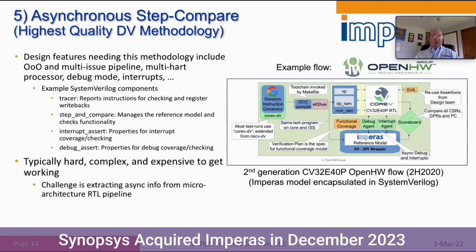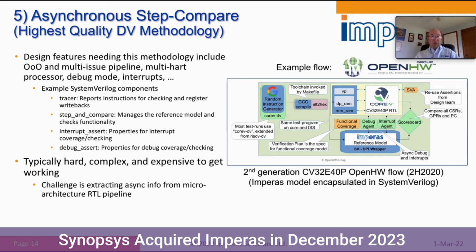And then there's the 5th level, the highest quality DV methodology, an asynchronous step and compare methodology. The diagram here shows this for the open hardware flow for the CV32E40P core from Open Hardware. So design features needing this asynchronous step and compare methodology include an out-of-order or multi-issue pipeline, multi-hart processor, debug mode, interrupts, asynchronous events.